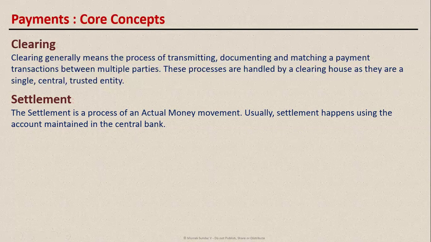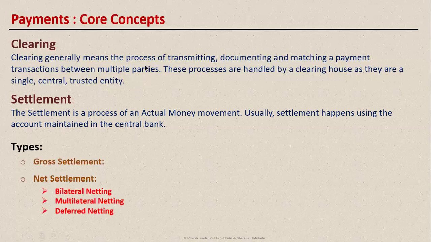Okay, and in settlement, in general, there are two categories. One is gross settlement, another one is net settlement. Net settlement is further bifurcated into bilateral netting, multilateral netting and deferred netting.